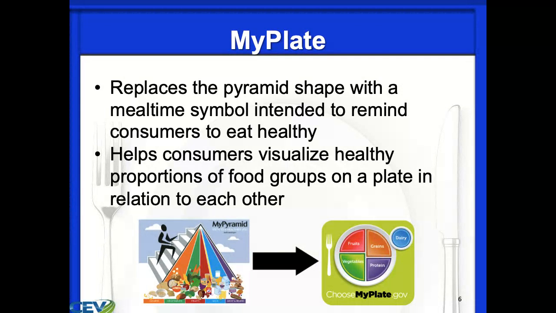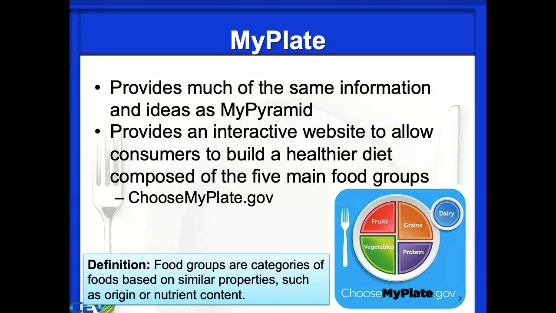So by putting it in a plate, I can see that a quarter of what I eat should be vegetables. Half of what I eat should be fruit and vegetables. And half of what I eat should be proteins and grains. Okay, the plate provides the same information, just in a more organized form.